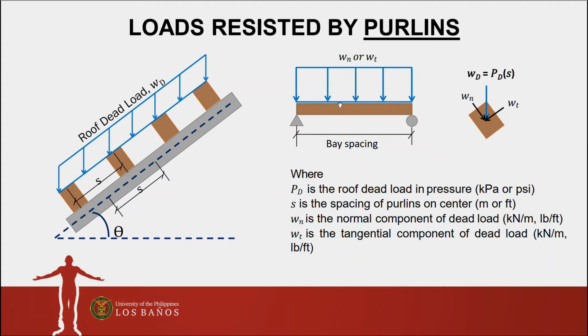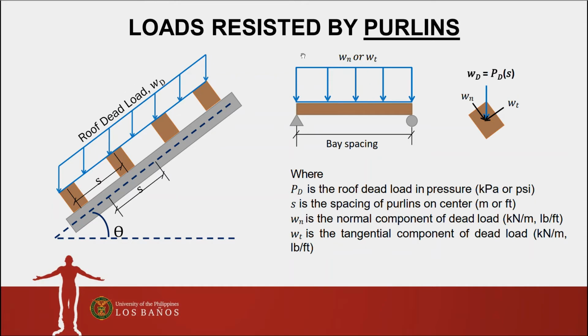For that, we need to determine P sub D, which is the roof dead load in pressure, multiplied by the spacing of purlins. Multiplying the roof dead load in pressure by the spacing of the purlin, we get the equivalent line load of the roof dead load.